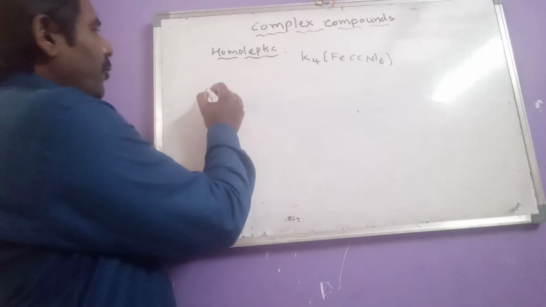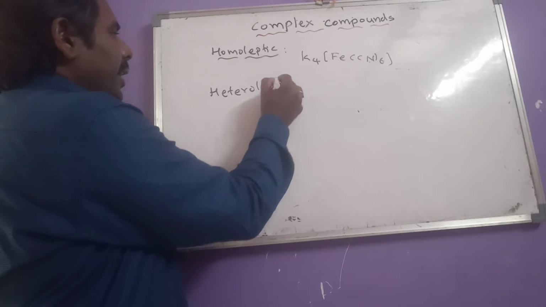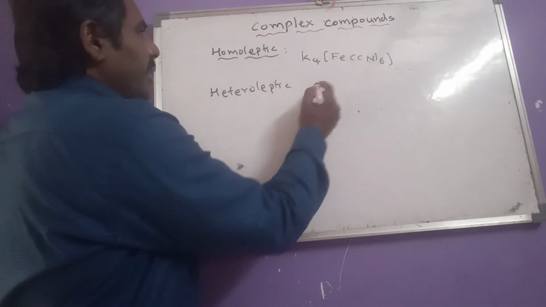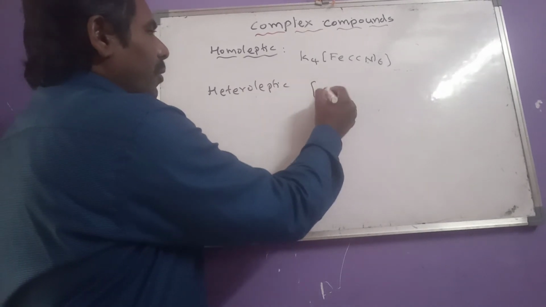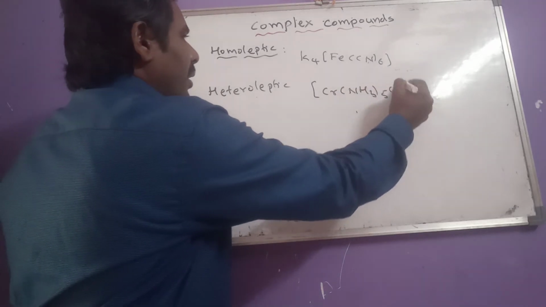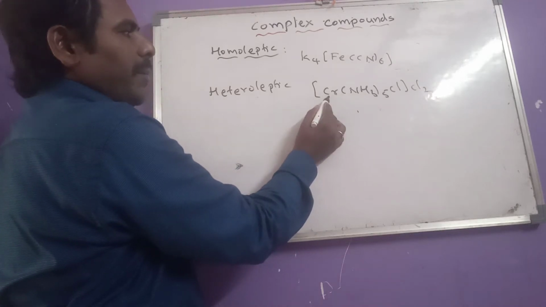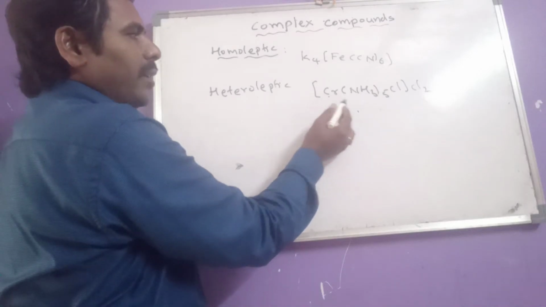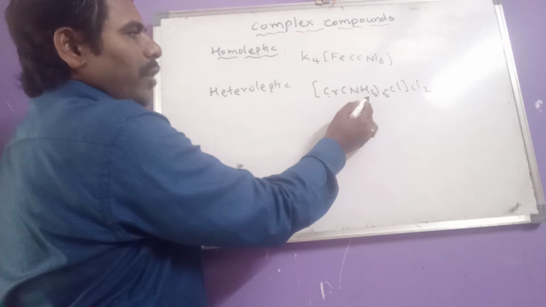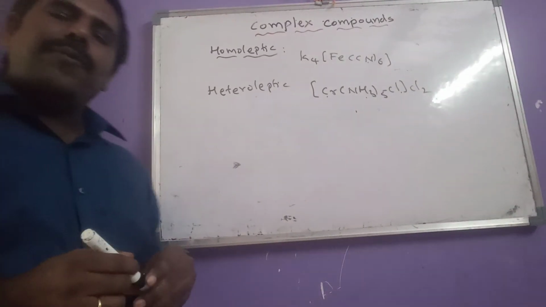And the second one is heteroleptic. Heteroleptic means the complex compound which contains different types of ligands. So see here, chromium is the central metal atom or ion, and NH3 is one type of ligand, chlorine is another type of ligand.